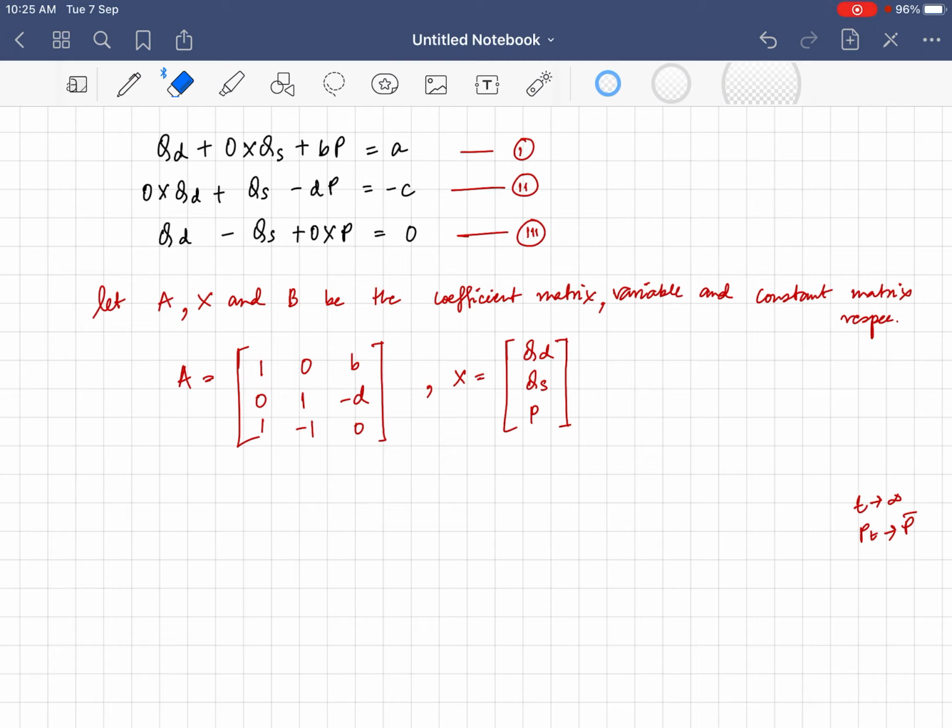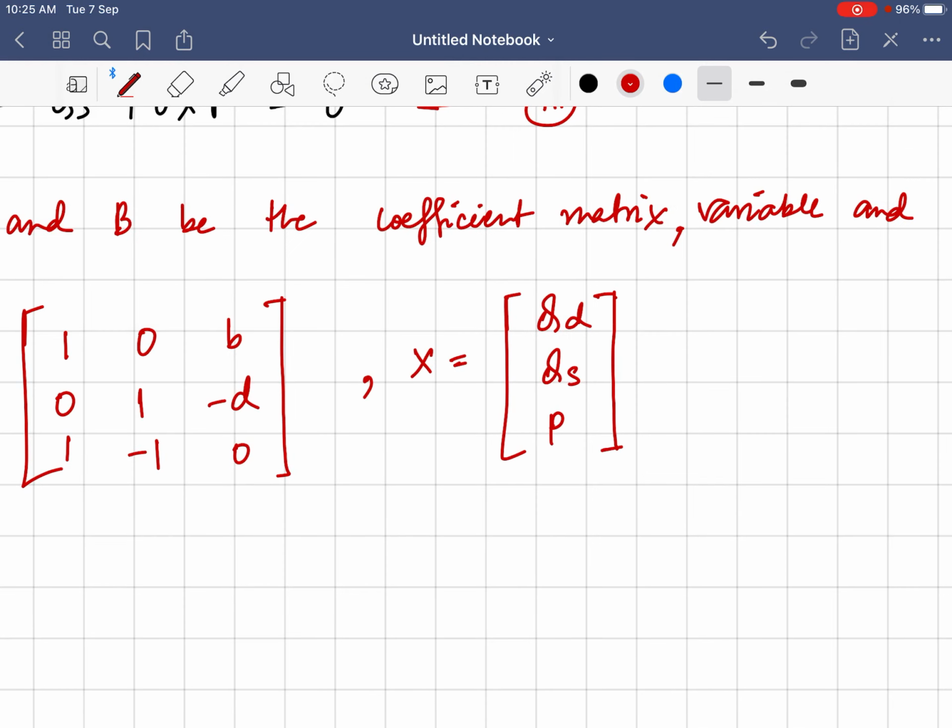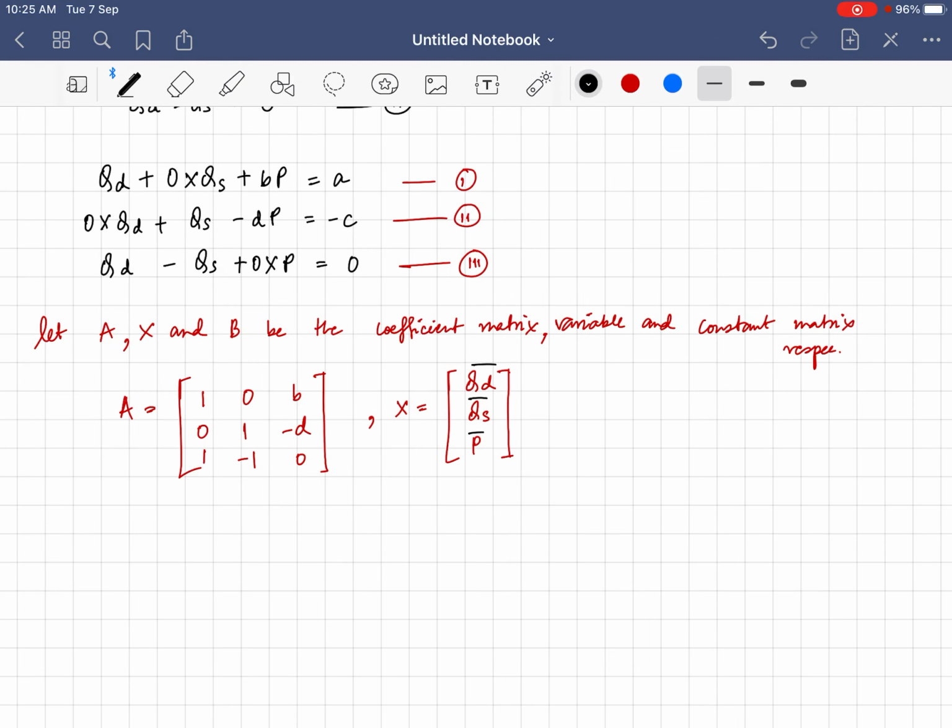So here, since we are trying to find the value of QD, QS and P, these values will always give you the equilibrium value. So this is my X, and my B is given by A minus C and 0. So this is what we have, A, X and B.